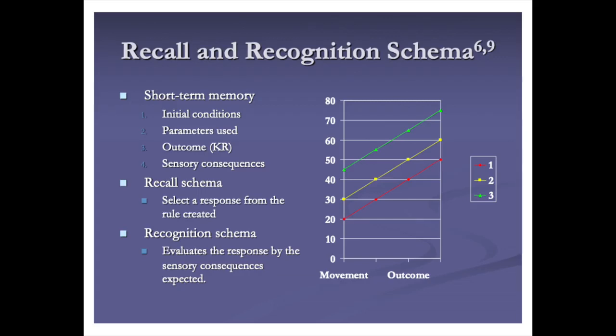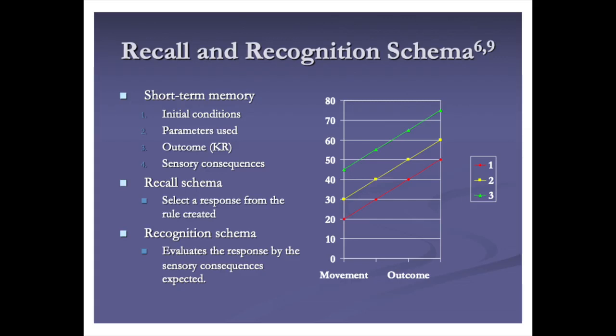We do the skill, and then a recognition schema evaluates the sensory consequences that are important for this activity and tells us if we were successful or not. If we weren't, then we update our recall schema so it adapts to this last experience that we had. So in this way, we update the recall schema, then have a recognition schema that identifies if we were successful or not, and if not, we update the schema.